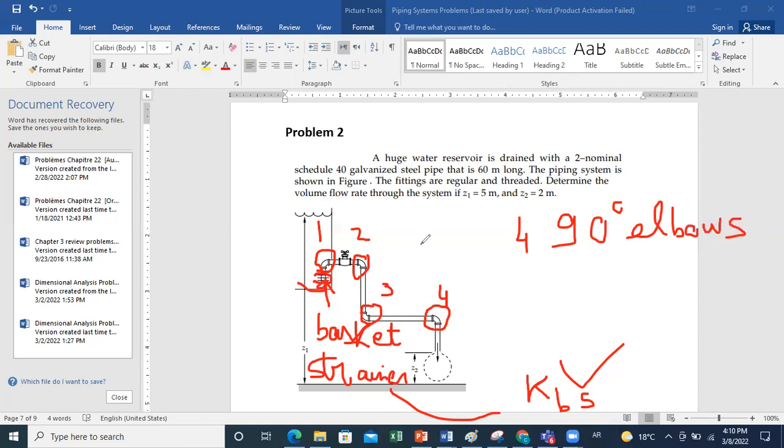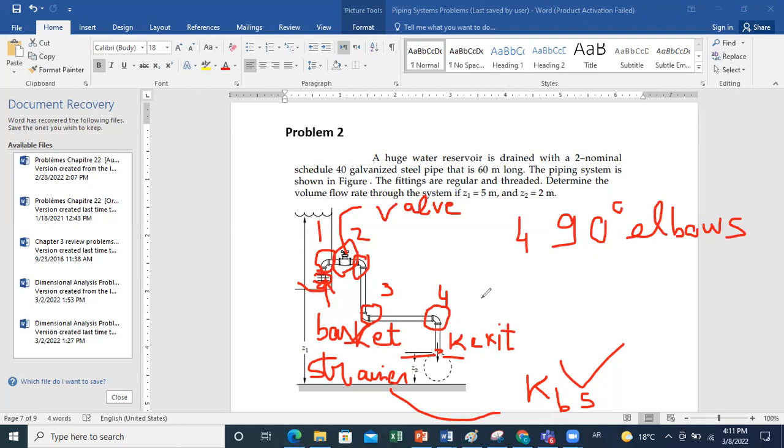I have also a valve here. Okay, I have a valve in my system. And always, whenever you have exit from a thin section to the atmosphere, you have loss. You have what we call K exit. And we'll see together how to determine these coefficients from appropriate tables and sheets.